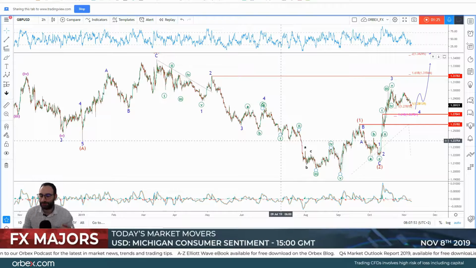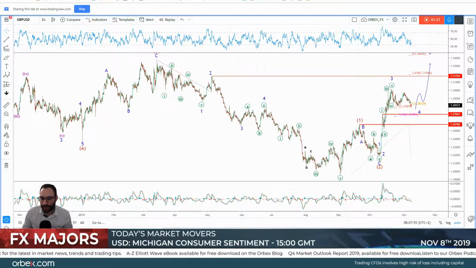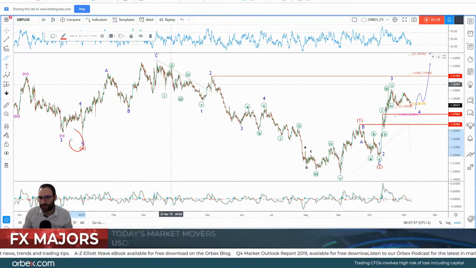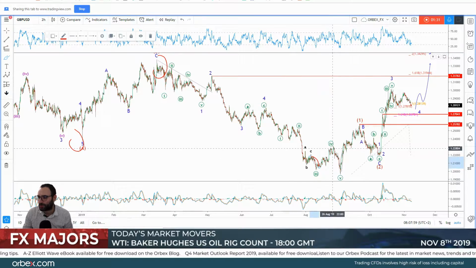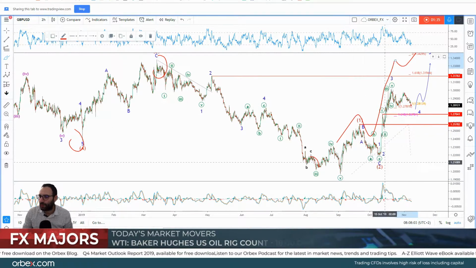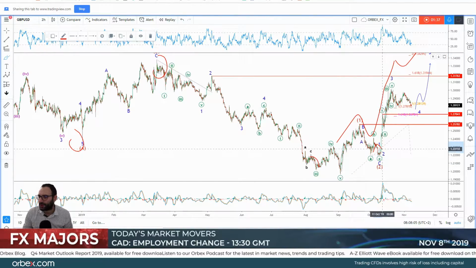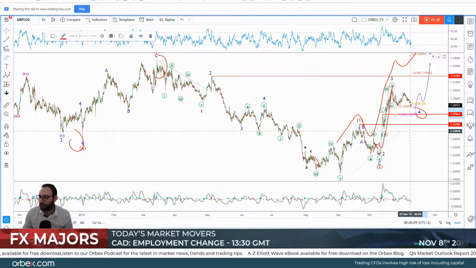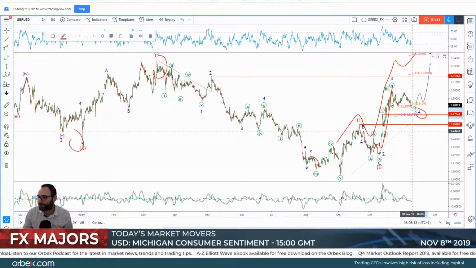Now on pound, we're moving exactly as we expected. We ended the ABC correction down here, and then we start with intermediate wave 1, 2, 3, 4, and 5, right? We've done the first, second, third, and we are now actually at wave 4, okay?